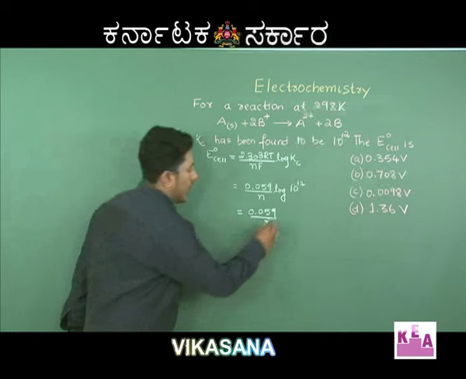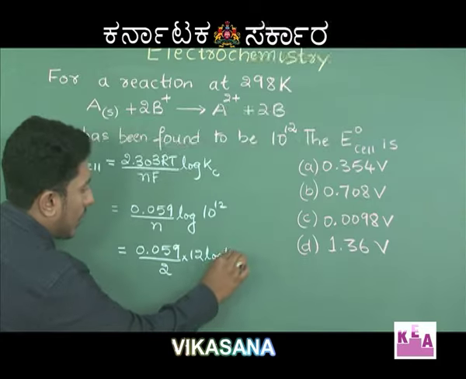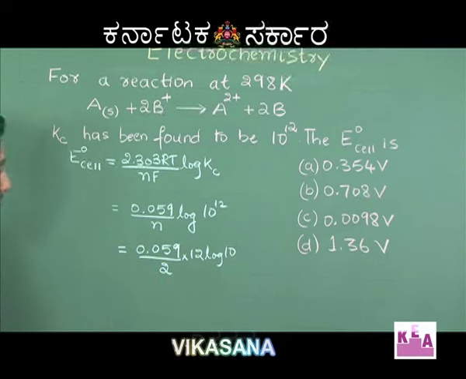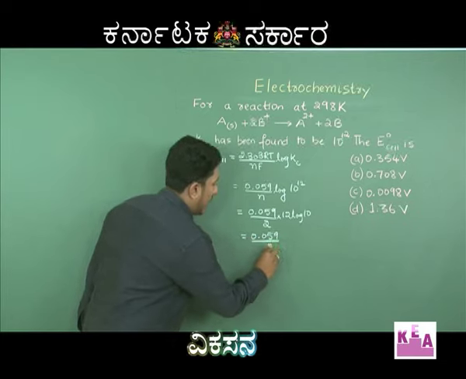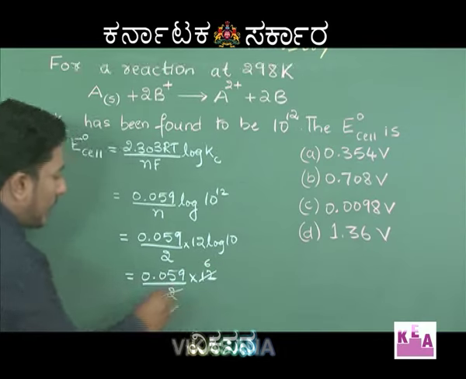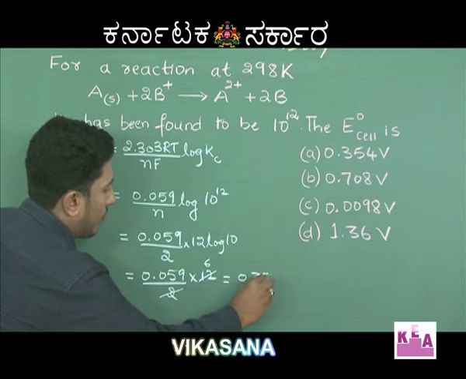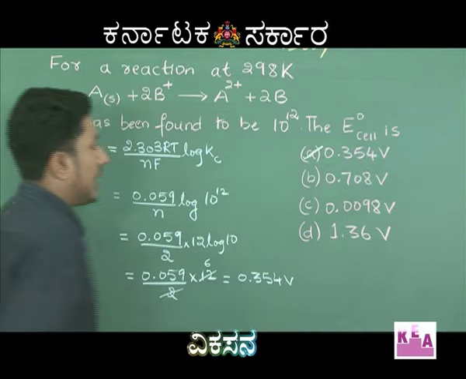Log of 10 to the power 12 is 12 into log 10, because log of a raised to x is x into log a. Log 10 is equal to 1. Hence, this will be equal to 0.059 divided by 2 into 12. If you simplify, you will get the value equal to 0.354 volt. Hence, option A is the right answer.